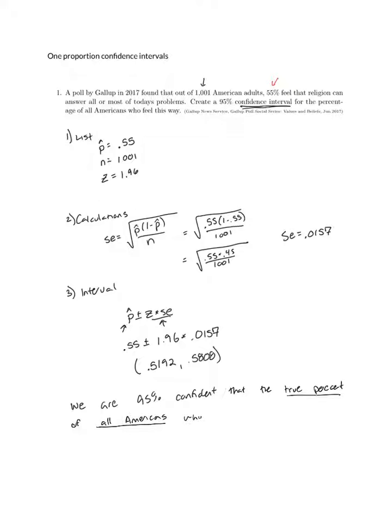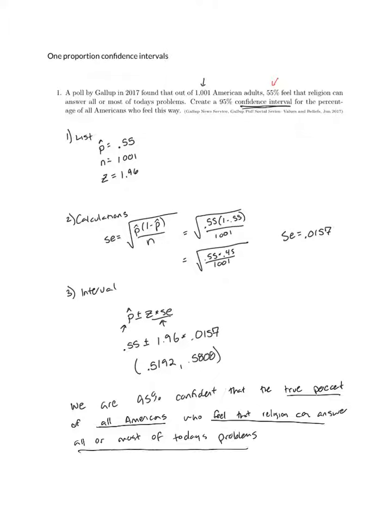who, and now I'm going to tell people, what am I generalizing about? And in this case, if you look up here, it's the percentage of all Americans who feel that religion can answer all or most of today's problems. Right, underline that.